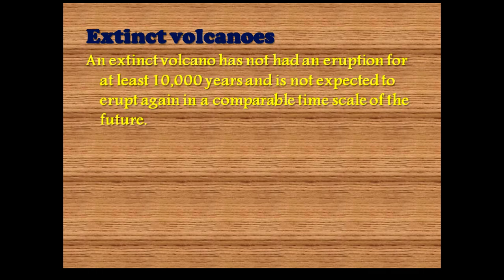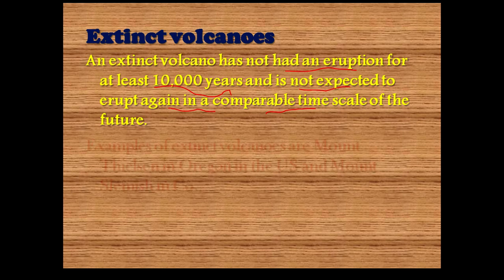Another is extinct volcanoes. What is an extinct volcano? These volcanoes have not had an eruption for the last 10,000 years. For 10,000 years they haven't had any eruption, and they are also not expected to erupt in a comparable time scale of the future.